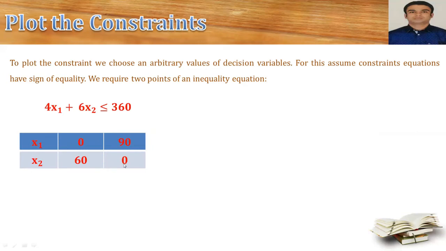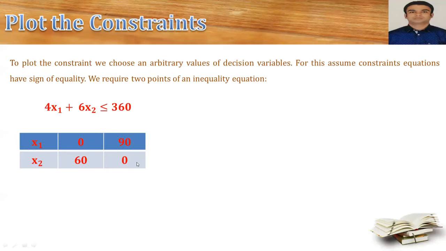For the second point, if I assume x2 is equal to 0, then 4x1 is equal to 360, meaning x1 is equal to 360 divided by 4, which is 90. So here we get 2 points of this line equation: 0, 60 and 90, 0.